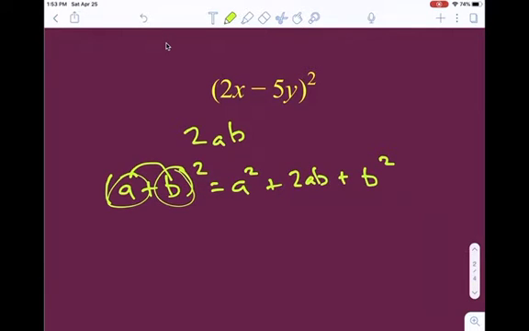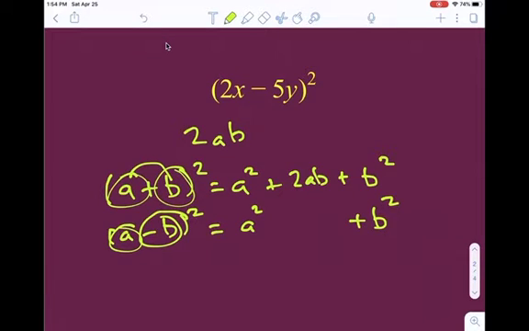Well, let's take a look at this. If I make that a subtraction sign, does it really change things? Because you've got a squared, and you get a squared. And if you take negative b and square it, you're still going to get positive b squared. Now, when I multiply a times negative b, I do get something different: negative ab.